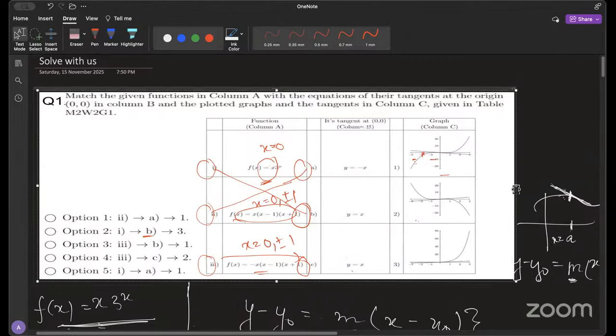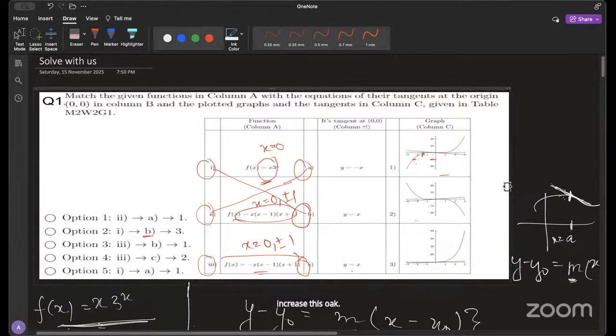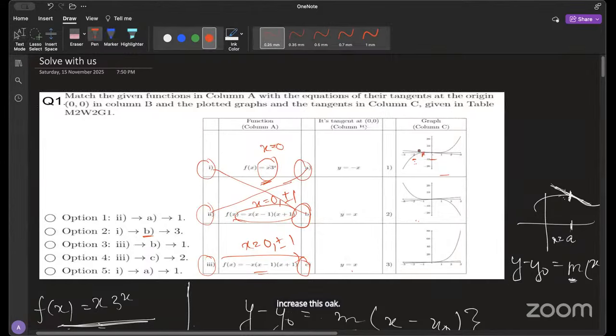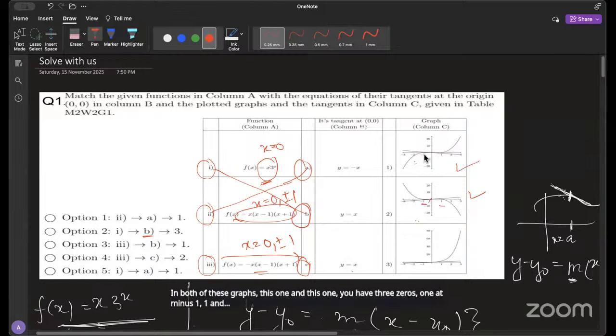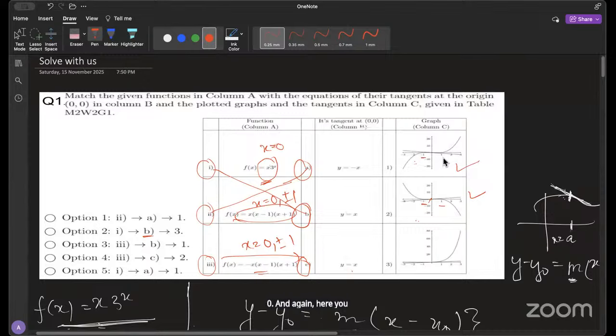It's visible, ma'am. You have two zeros here, and in both of these graphs, this one and this one, you have three zeros, one at -1, 1 and 0. And again here you have zeros at -1, 1 and this one. This is where this graph is touching the x-axis.